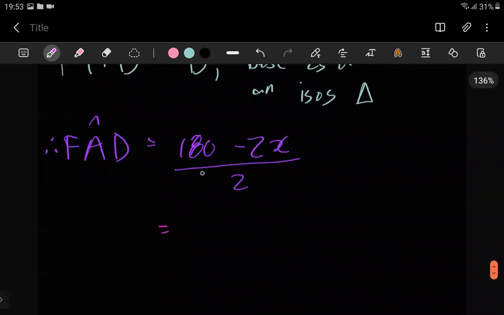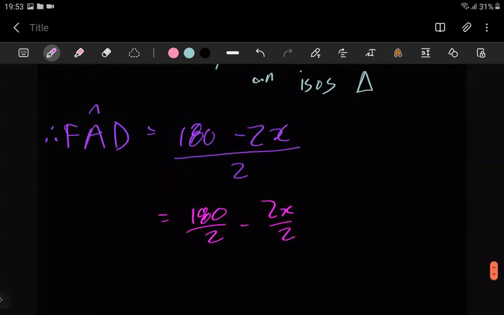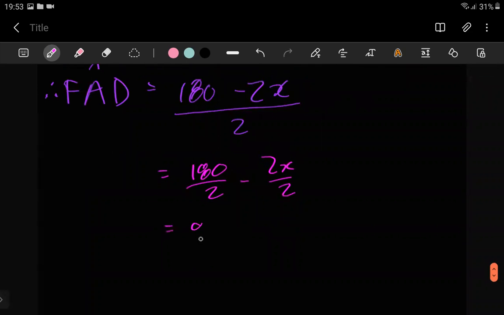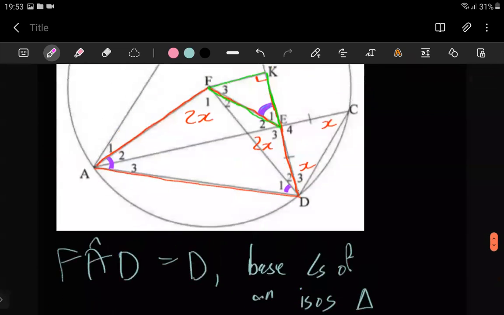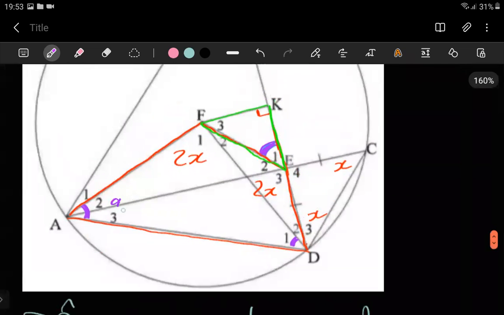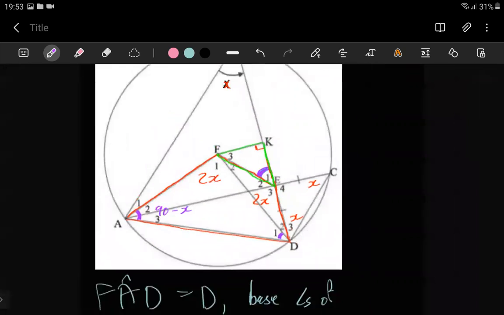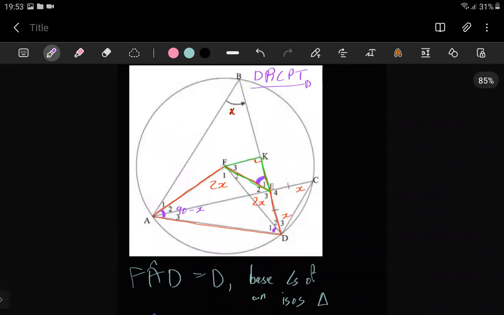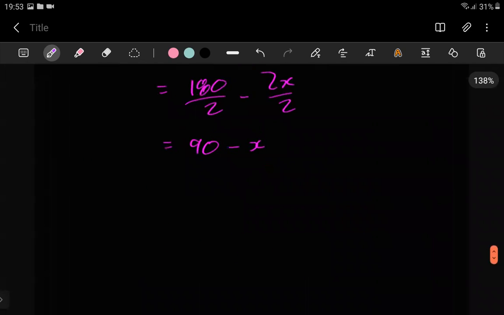FAD here is going to be 180 over 2, 2x over 2, which is clearly just giving us 90 minus x. This is definitely useful, because now we have something to write here, 90 minus x. Now we can then say this FAD is equal to E1, which is definitely useful.